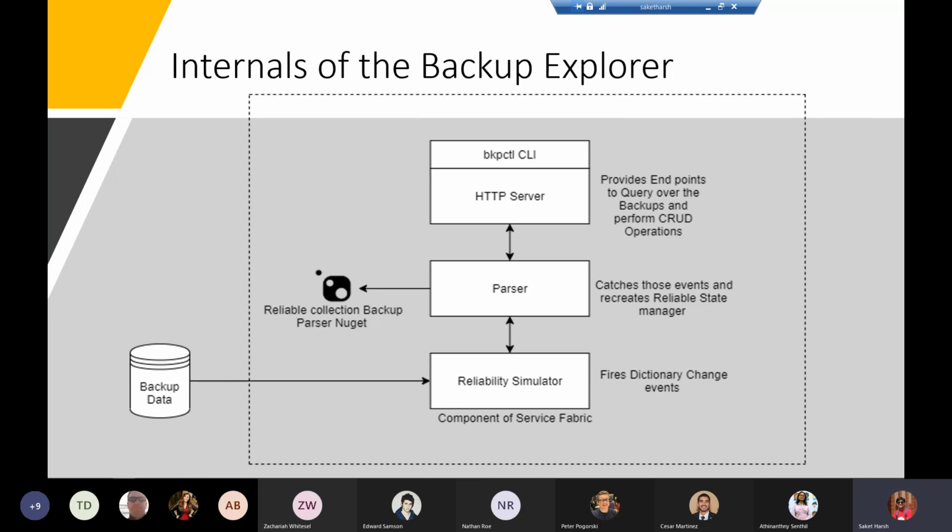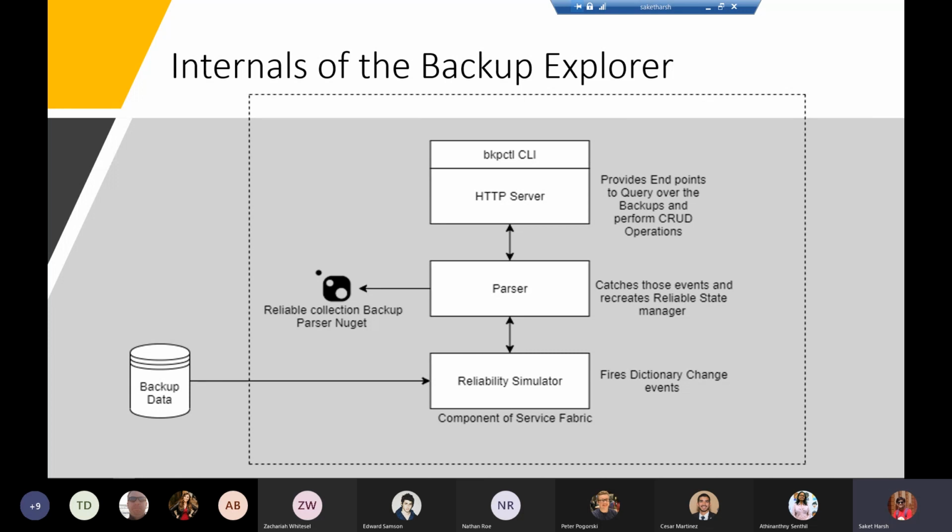These events are then captured by the reliable collections dictionary parser, which rebuilds the reliable state of the service completely. Once the state is rebuilt, we provide the APIs as present in the reliable stateful service to get or add a particular dictionary element and do all the operations that we can do over any reliable stateful service.